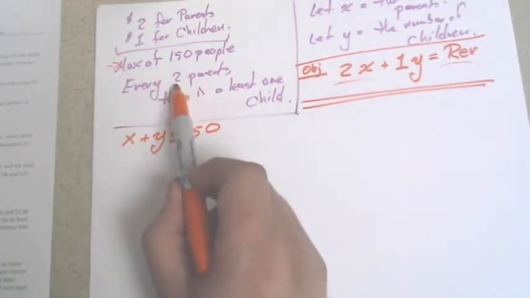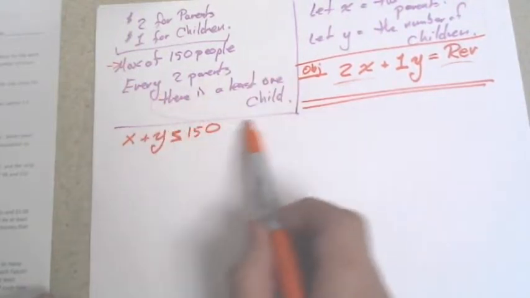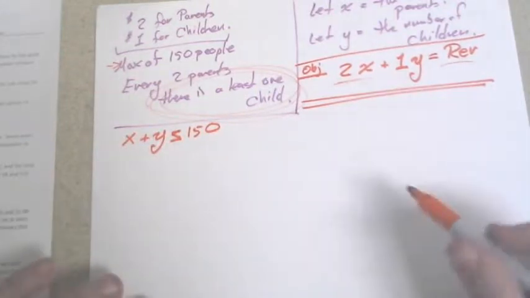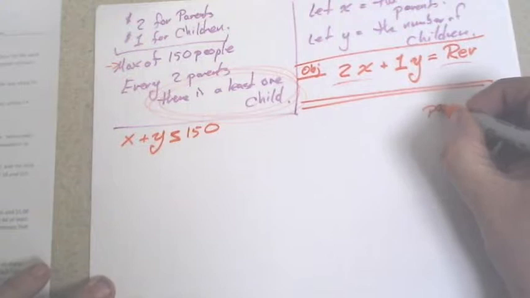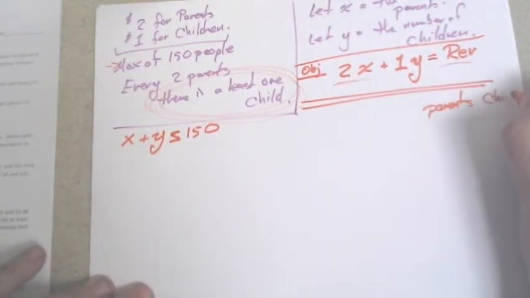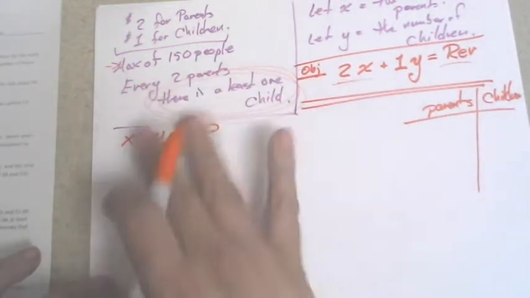Well, for every 2 parents, we have to have at least 1 child. And now, as I said, this is the more complicated relationship. If you're unsure about what to do with that relationship, make yourself a chart of parents and children. What numbers of parents and children would be okay here?